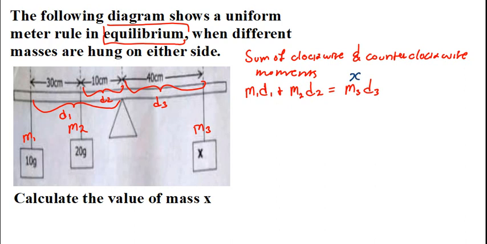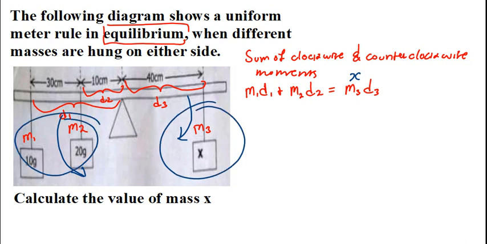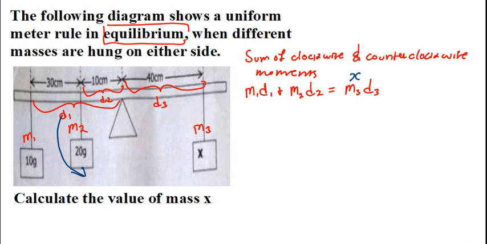The reason why I'm doing this is that if you observe these two masses that I have here, they tend to rotate this meter rule in this direction, that is counterclockwise. But mass x is going to tend to rotate this rule in this direction. So if this is in equilibrium, it simply means whatever I have here is balancing with what I have on the other side.